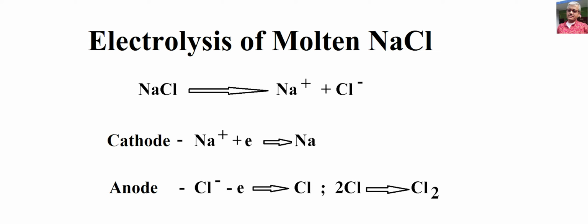Two chlorine atoms combine together to form a chlorine molecule, which is liberated from anode. Thus, metallic sodium and chlorine gas are produced on electrolysis of molten sodium chloride. The reaction involved here can be shown in this way.